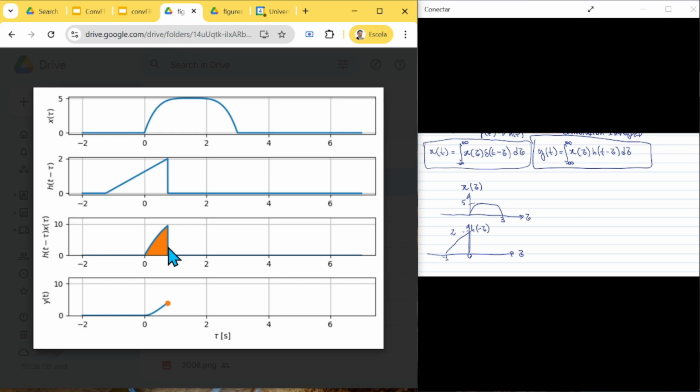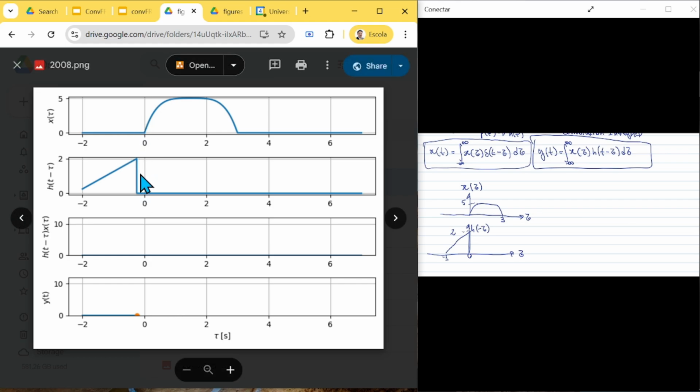We integrate the product and get the value of the output for that instant of time t. So t will cause a shift inside the equation, right? We can see that for negative t, there's no juxtaposition of these two signals, so the product is 0, the integral is 0.